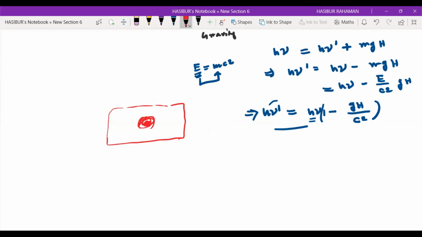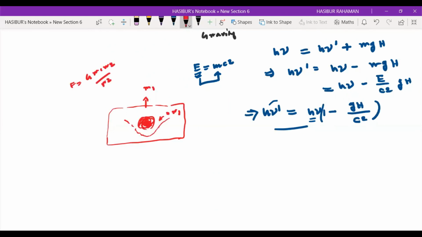There will be curvature in this space-time, and that distortion depends on the mass of this object. This is the source mass m1, and if you put another mass m2, it will feel the effect of this curvature and just roll down. You also know the gravitational force F equals G m1 m2 upon r square.